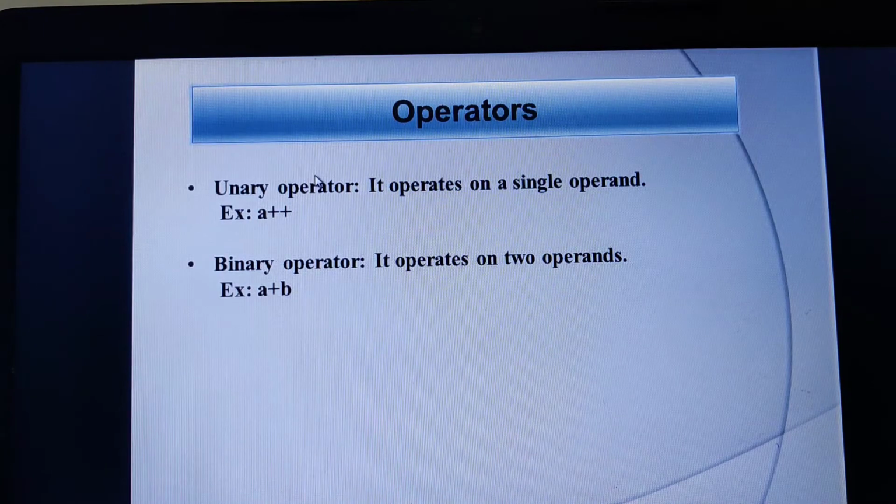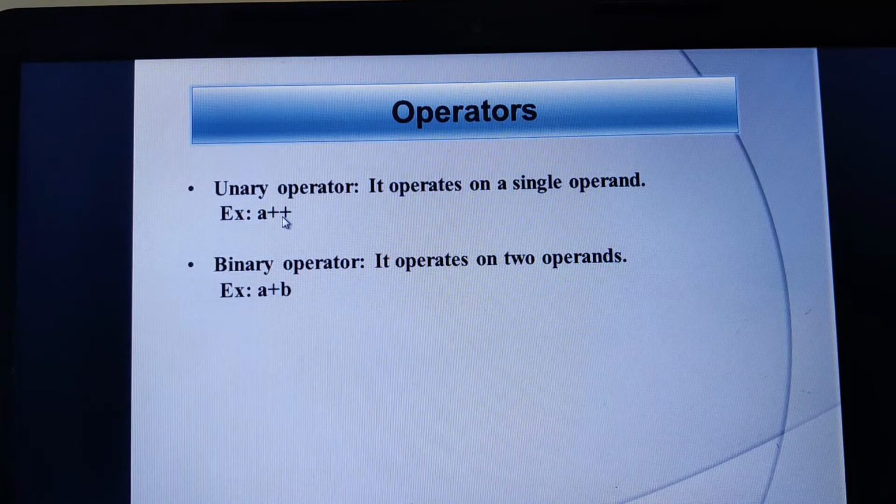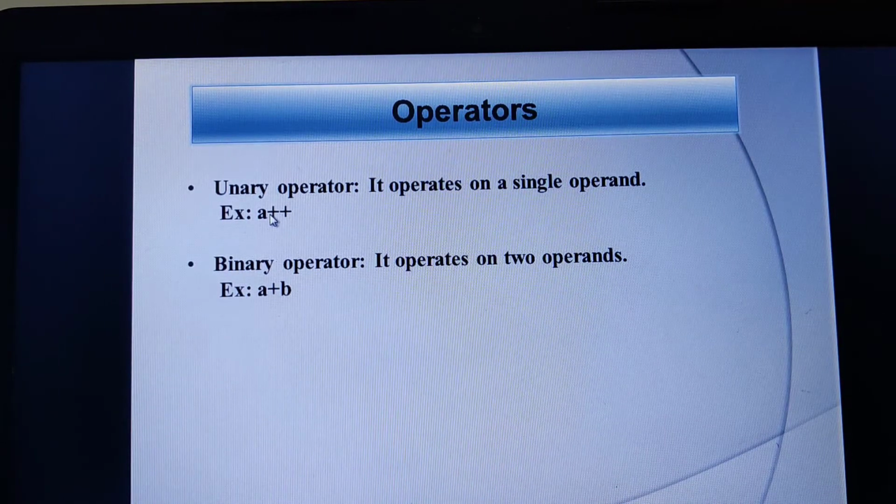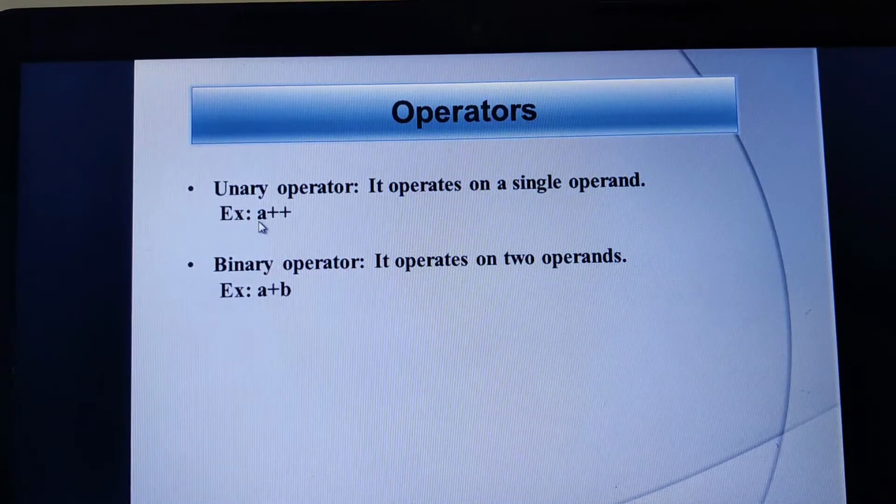Say for an example, A plus plus. Now this plus plus is similar to the C plus plus, we have already discussed this part. When I said C plus plus, plus plus is an operator, an increment operator. Suppose A has the value 10.